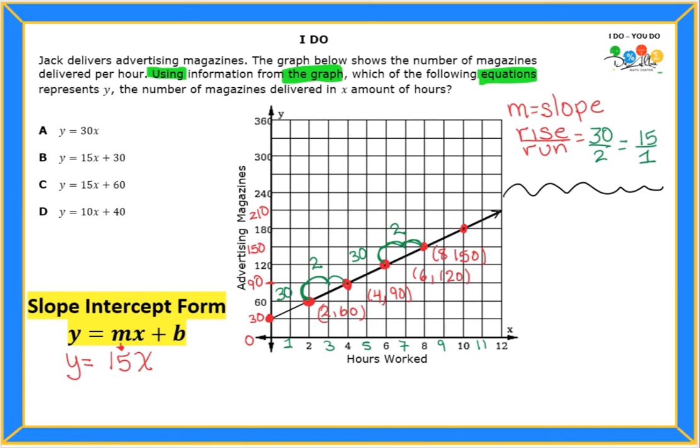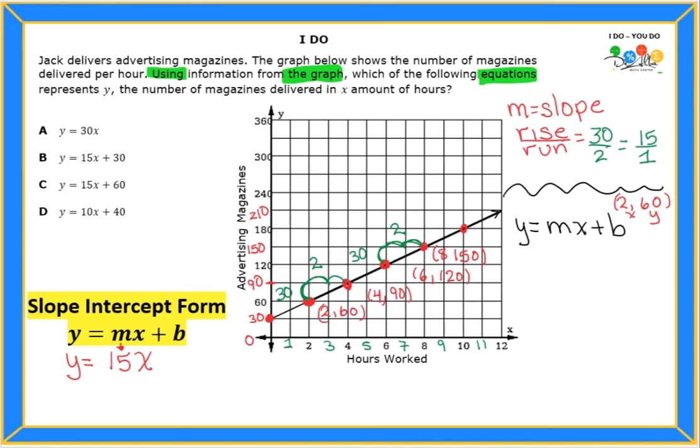So to do that, we're going to need to write down the equation of the slope-intercept form, which is y equals mx plus b. I am going to choose one point from the ones that I see on my graph, and I am going to go with 2 and 60, where 2 is x and 60 is y.